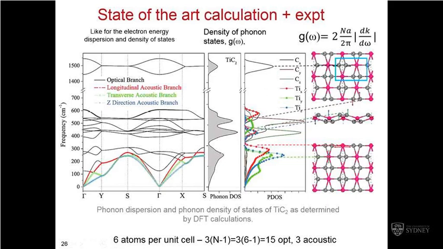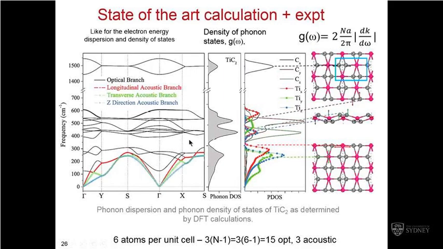We know that there will be 3 acoustic, and the other modes should be 3 times n minus 1, where n is the number of atoms, so that's 6. 6 minus 1 is 5, so there should be 15 optical branches. You can count them all and verify that indeed you do have 15 of these optical branches.